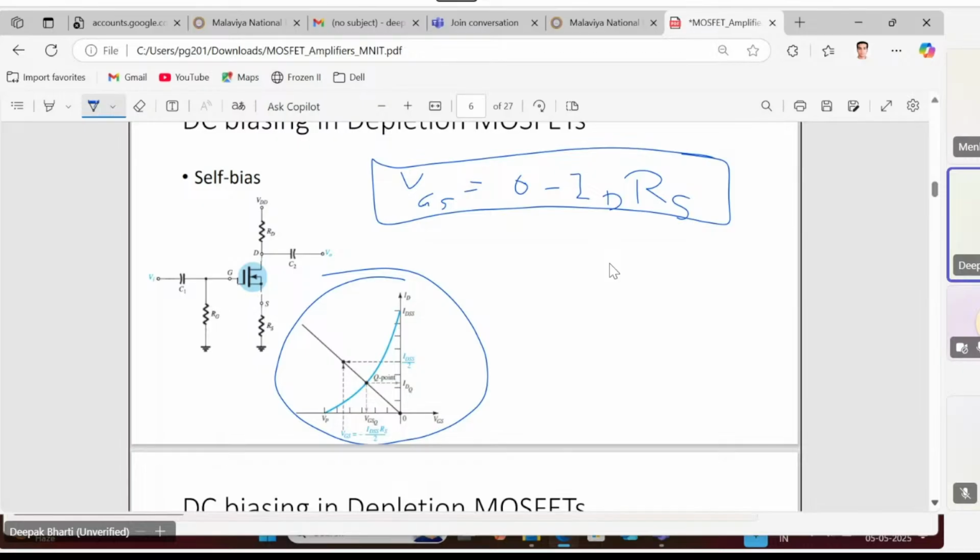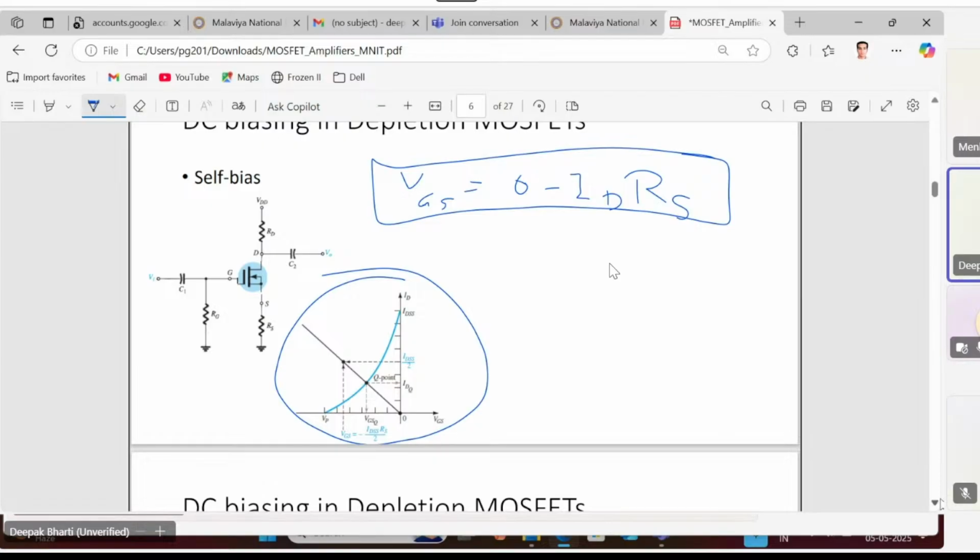You can also notice that this load line passes through the origin because the intercept is 0. And wherever this transfer curve and the load line intersect, that becomes your Q point or operating point.